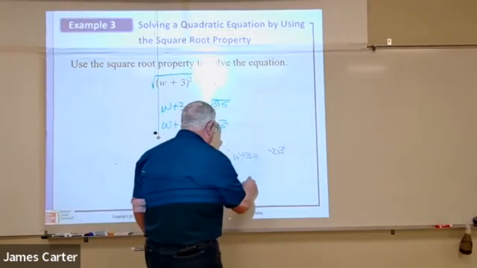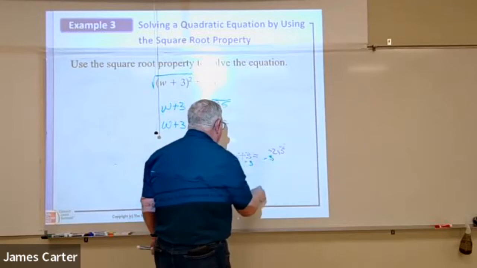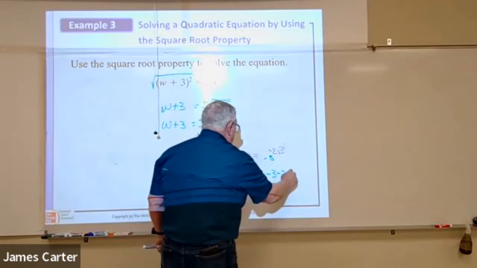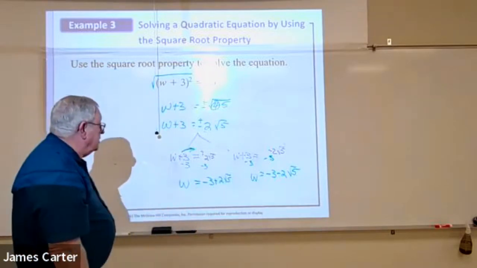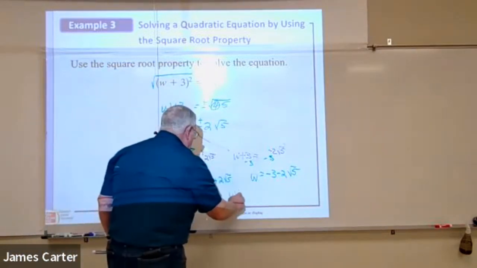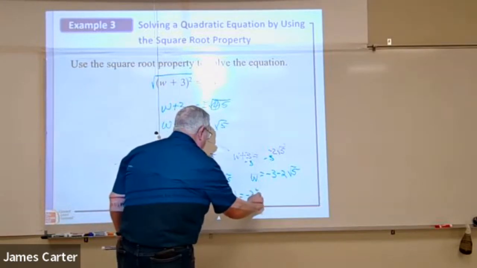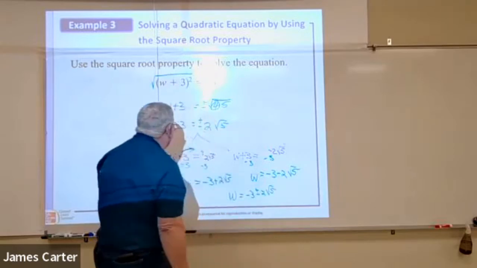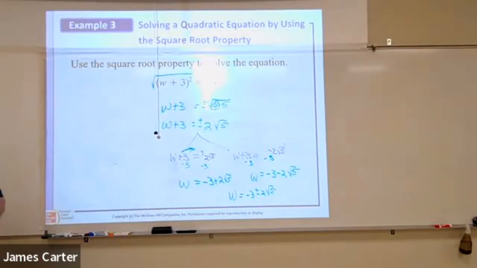And over here, I get minus 3, W equals negative 3 minus 2 radical 5. Now, this answer could be written as W equals negative 3 plus or minus 2 radical 5. It could be written as that, yes.